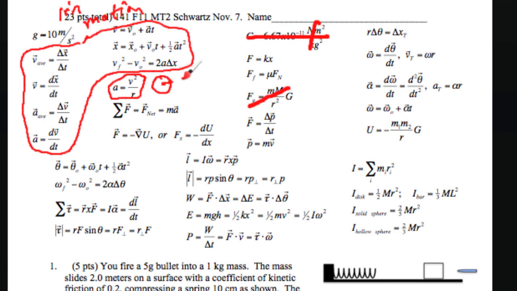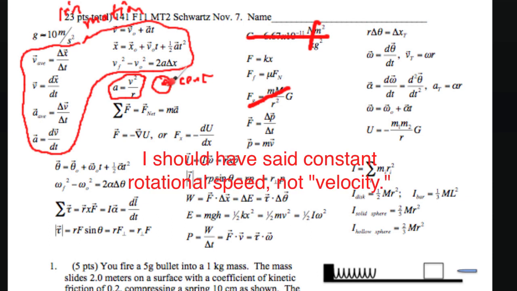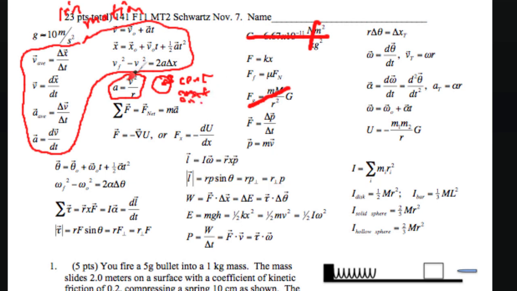So this is centripetal, a vector towards the center, because that represents centripetal acceleration. And then the constant circular velocity. Anyway, you get what I mean. Go through and identify this for yourself, so you understand what the equations apply to.